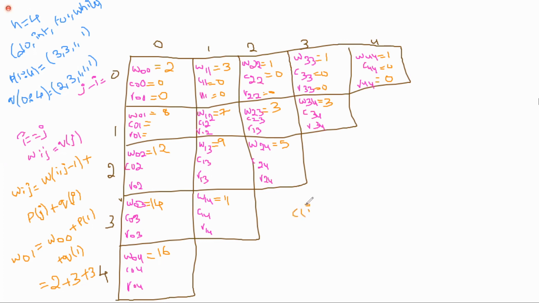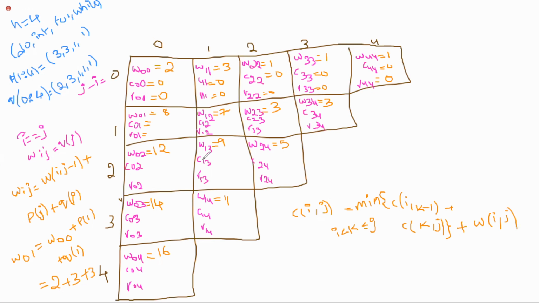C of i, j is equal to the minimum over i less than k less than or equals to j (this step is very important) of C of i, k minus 1, plus C of k, j, plus W of i, j. This is the formula. I'll tell you the example.